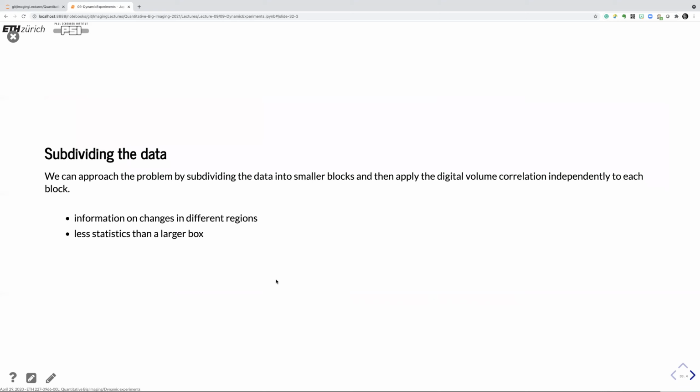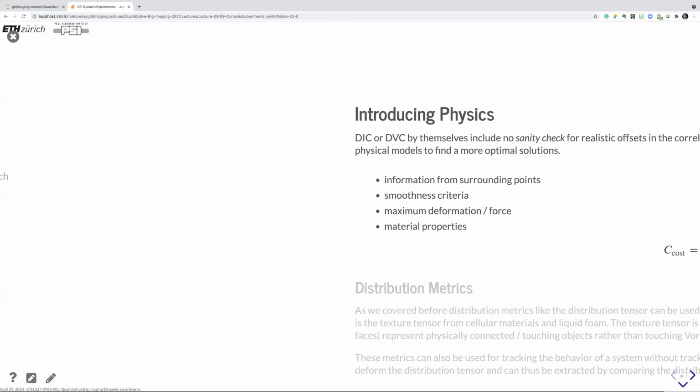Then you can also look into smaller blocks and do more correlation on it. And actually now we are going into a new topic, which is digital volume correlation. Sorry. Look at smaller regions. And of course, you have smaller statistics in a box, but with that, you can start looking at local displacement in the image.